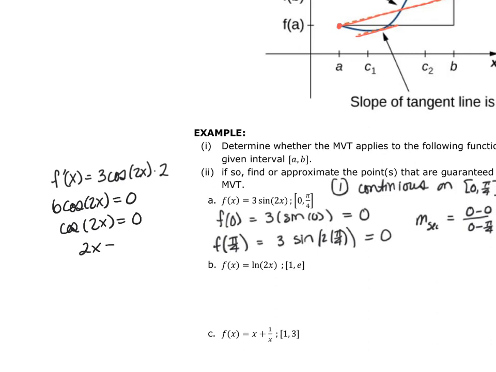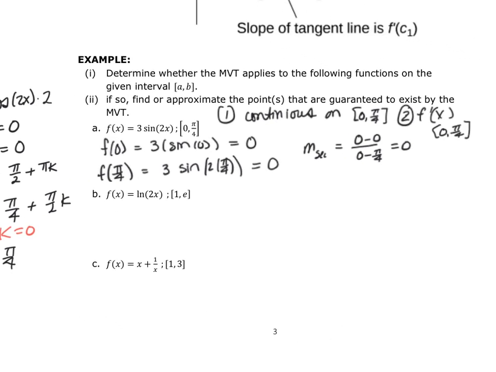So 2x is equal to pi over 2 plus pi k, dividing everything by 2, x is equal to pi over 4 plus pi over 2 k. When k equals 0, that's the only answer we get, so x has to be pi over 4, just like my previous example.